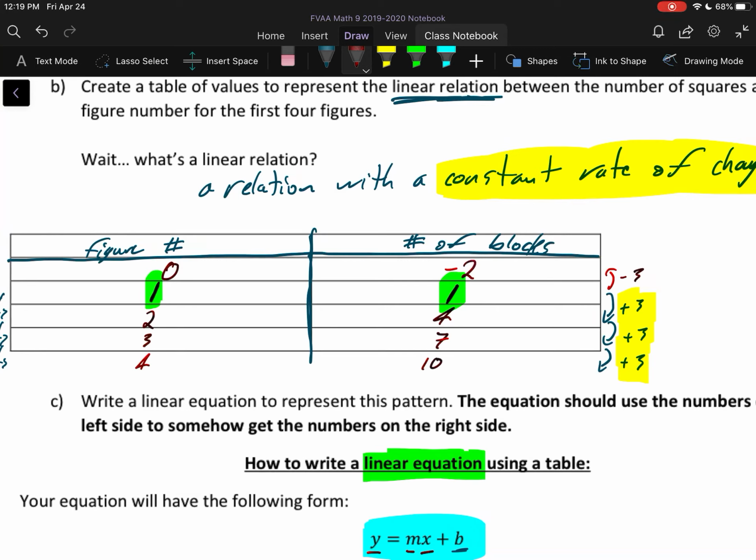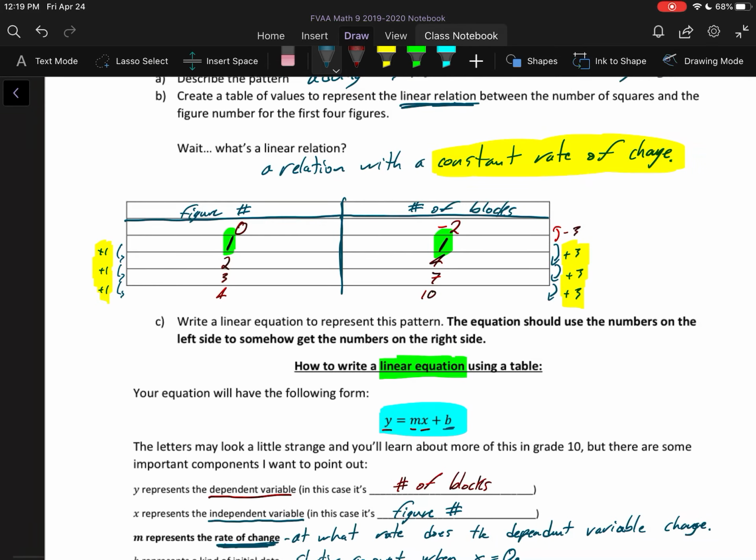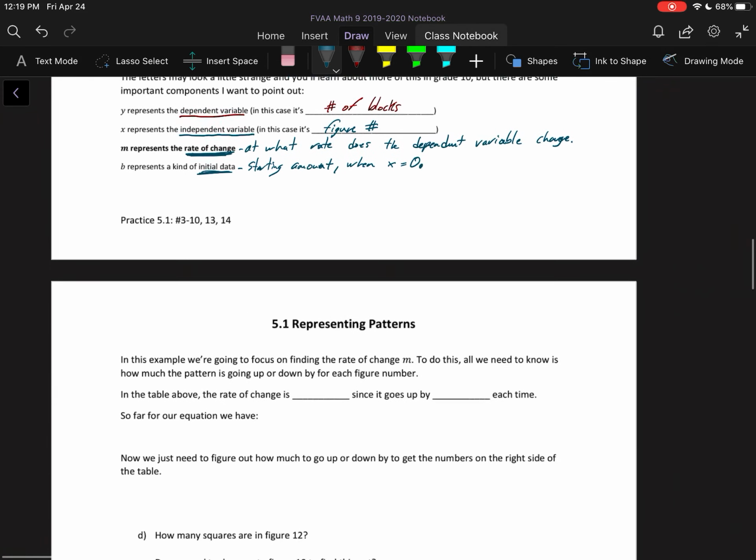So my initial value for this situation would have to be -2 when it's at figure 0, which again is theoretical, not concrete. You have to be able to see these numbers in your equations.